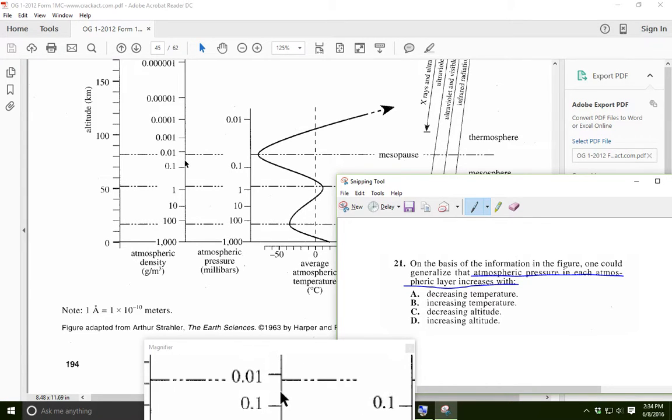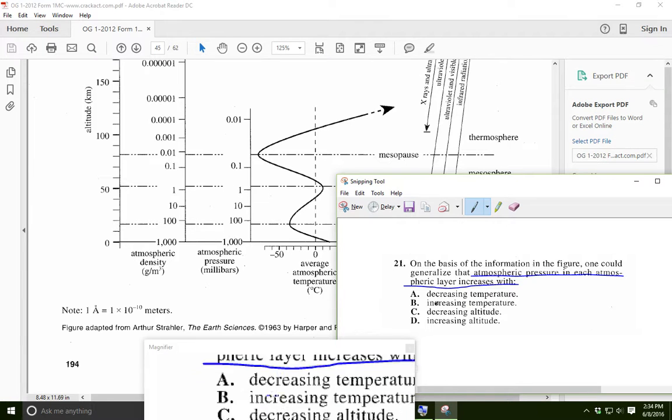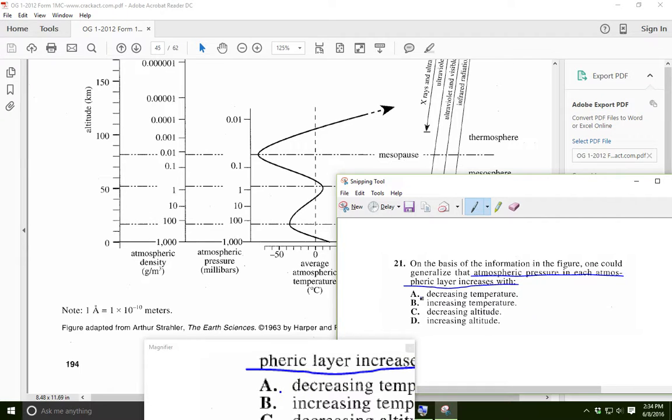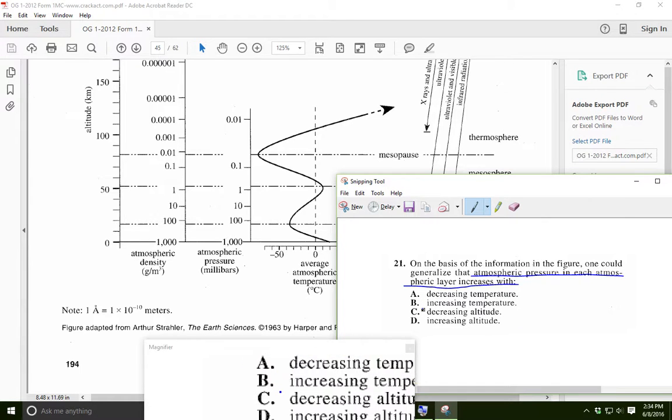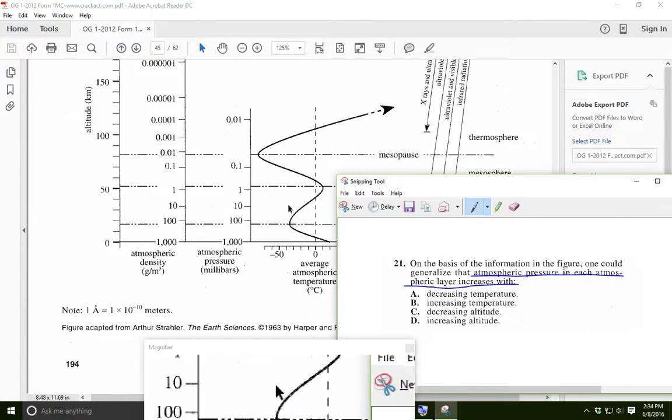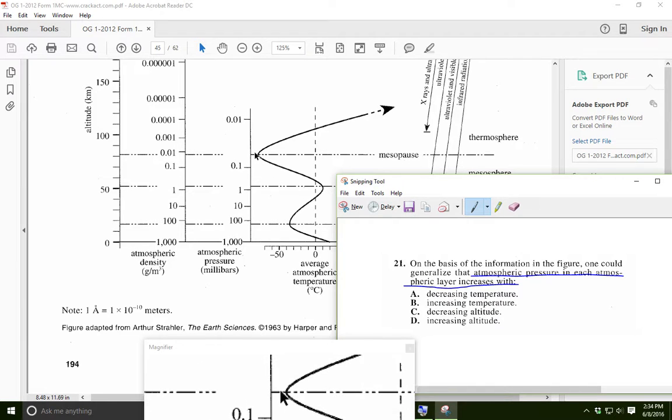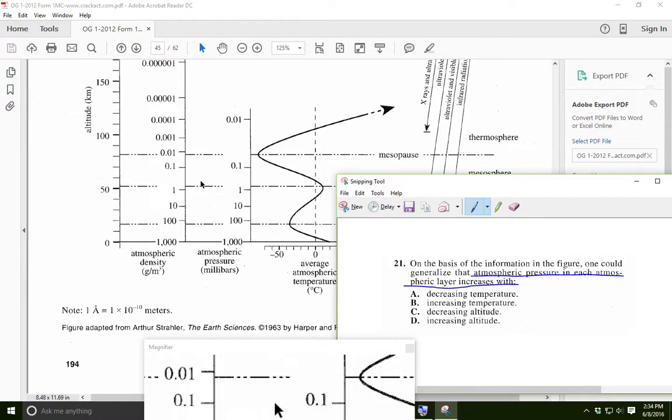Atmospheric pressure increases... there is no significant increase or decrease with temperature, but with altitude it increases. Atmospheric pressure does seem to increase with altitude, as you can see over here.